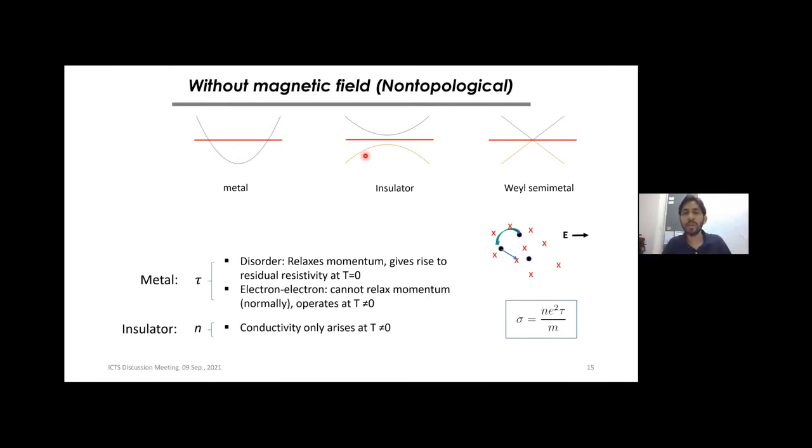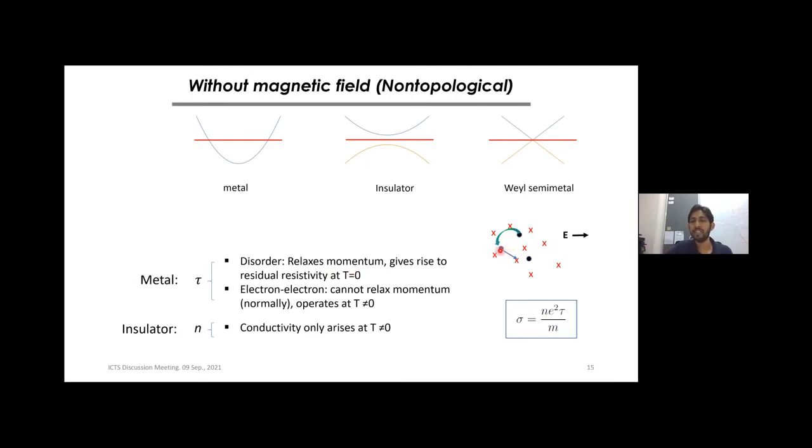And you can then ask the question, which picture does hold if I just put an electric field? Now, as I argued before, in a metal the main idea is tau. And typically one can consider two kinds of microscopic relaxation mechanisms. The first is disorder, which is what I'm showing here as red crosses, some impurities. And this is necessary to relax the momentum.